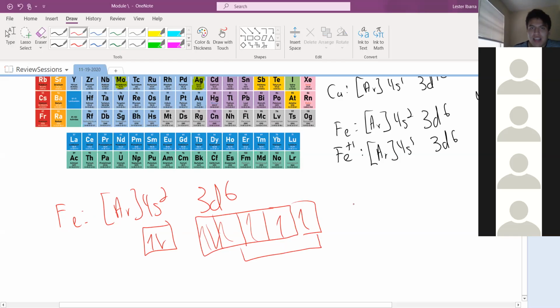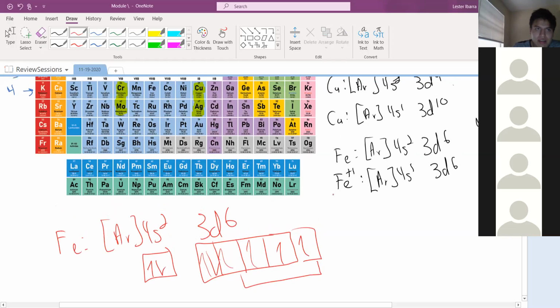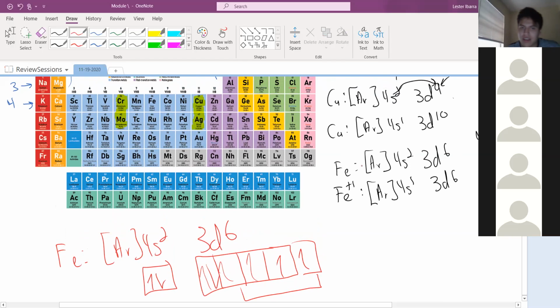If we look at something like potassium, oh, no, not potassium, magnesium, sorry. If we look at something like magnesium, it would be neon 4s2. And then here we have a full box. That means all its electrons are paired. Therefore, that would be diamagnetic.